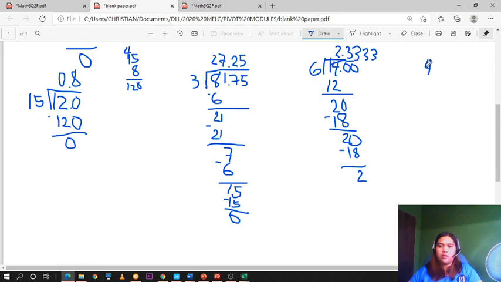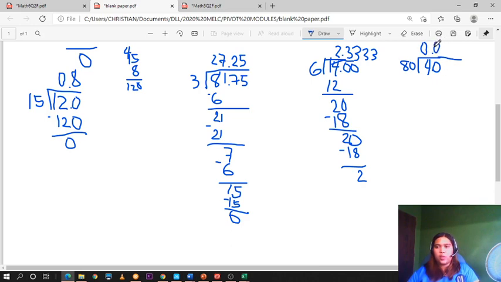4 divided by 80. Since mas maliit ang ating dividend kaysa sa divisor natin, mag-a-add tayo ng decimal point and 0. So, tapat natin doon. So, hindi pwede sa 4. And mas maliit pa rin ang ating dividend. So, anong gagawin natin?